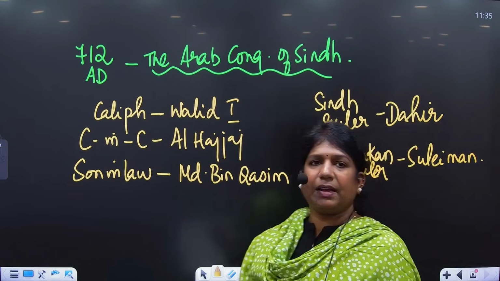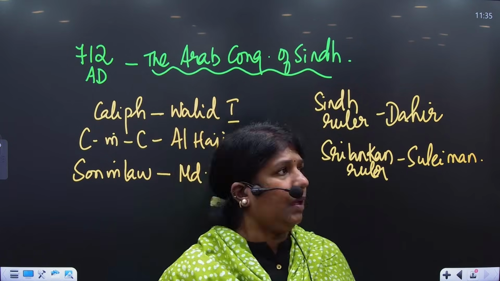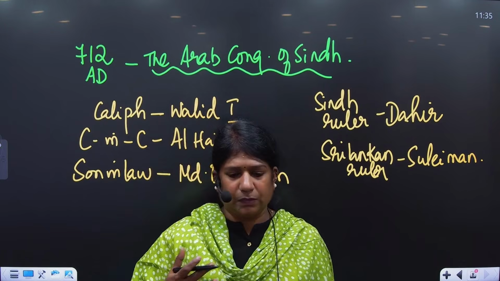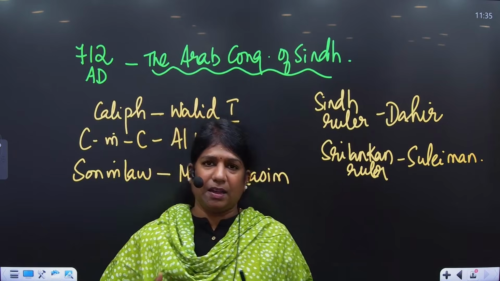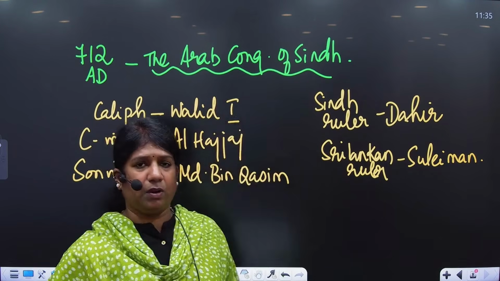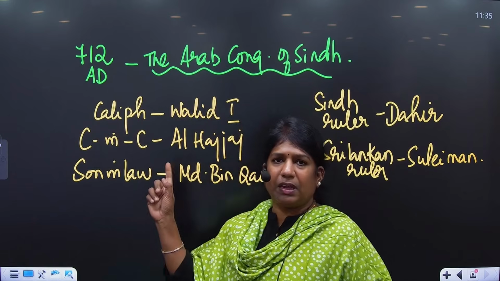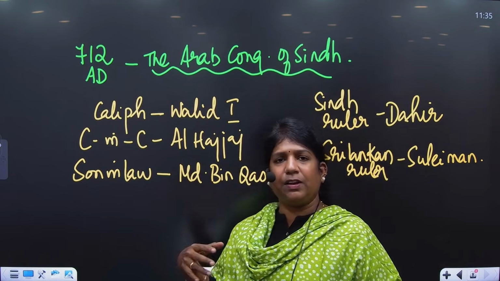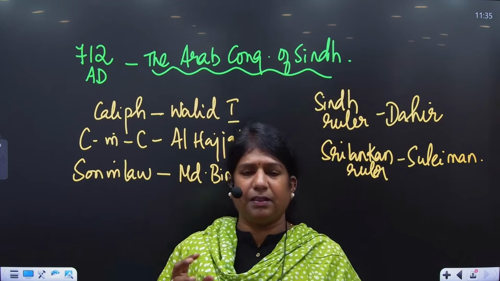Now, what exactly happened here? When the Islamic world entered, and Islam started spreading as a big religion, the Sri Lankan king Sulaiman, a Muslim ruler, sent 2 gifts to the Caliph of Baghdad. These gifts entered India and they were lost in the port of Debel, Sindh.